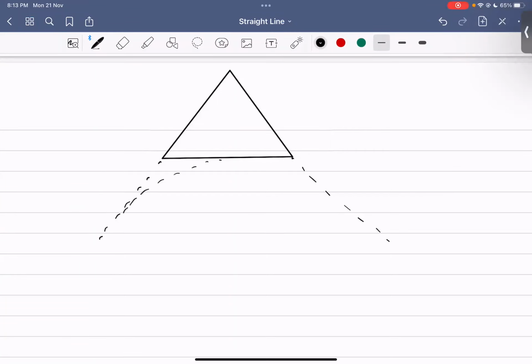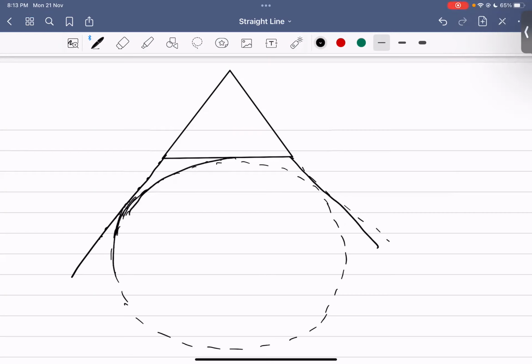So this is the excircle. Now this is A, this one is B, this is C. So this is excenter I1.